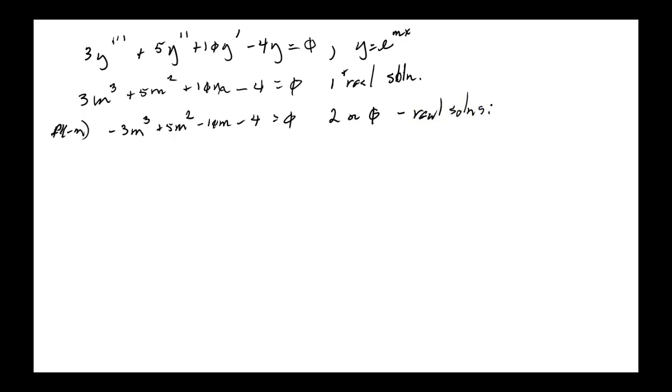That means you could have 2 or you may have none. If you had 2, that accounts for all 3 possible solutions. If you have no negative real solutions, that means you have 2 complex solutions, and they will be a conjugate pair. Remember that? That's what Descartes' rule of signs tells you.